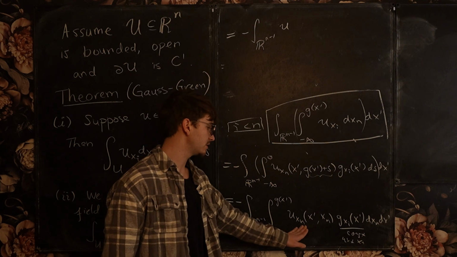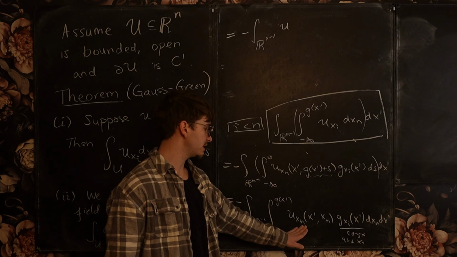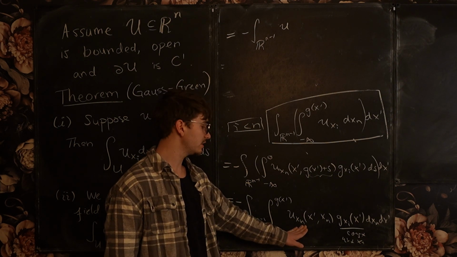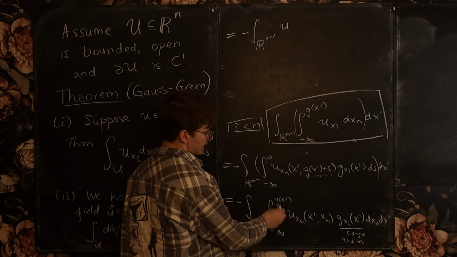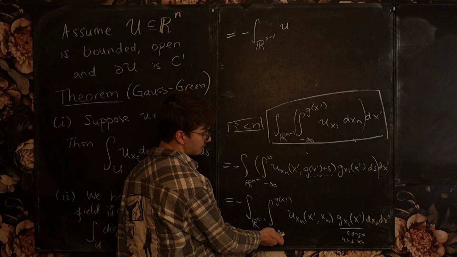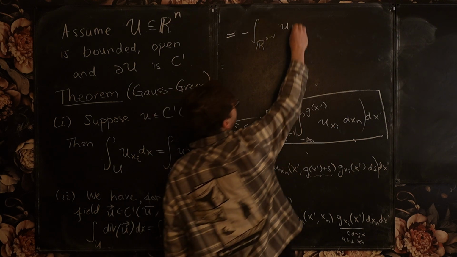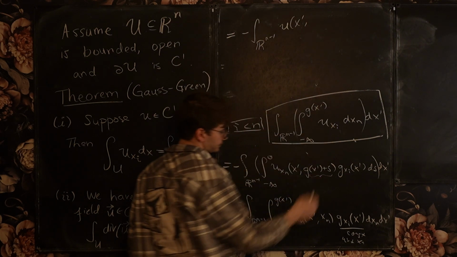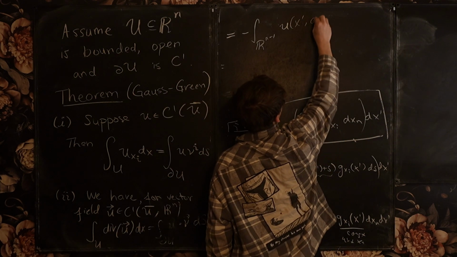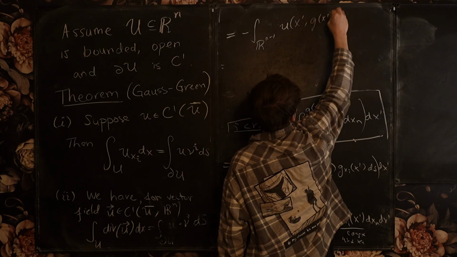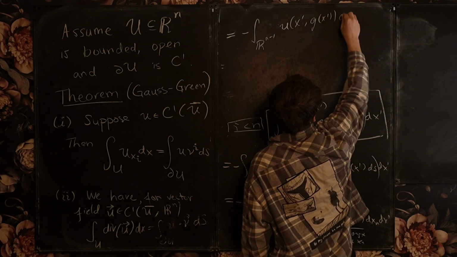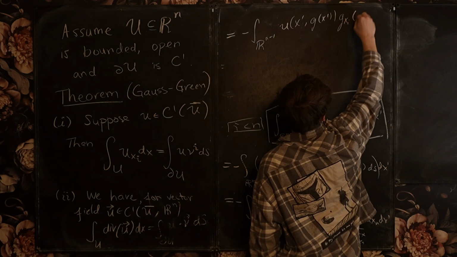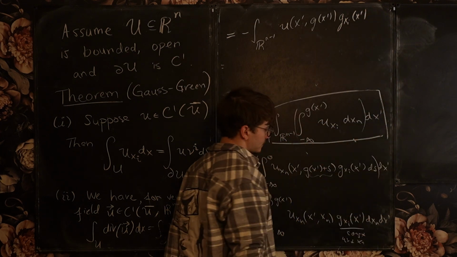It's not going to affect my integration here. Evaluating u at the bounds, it's going to evaluate to 0 at negative infinity. So all that's left is u of x prime, g of x prime, and then g_xi of x prime, dx prime.